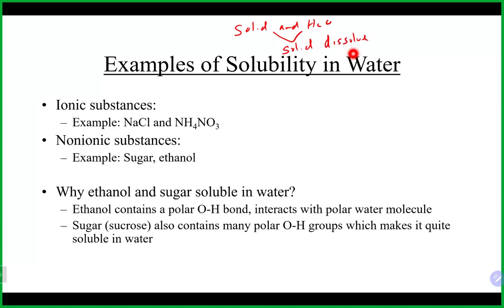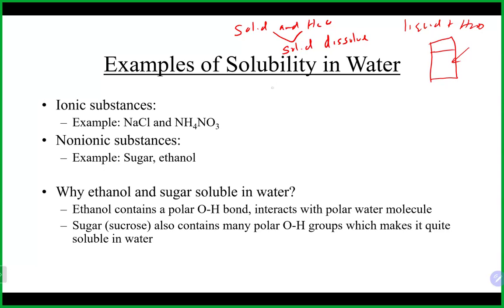Now, if we're talking about a liquid and water, that basically means that they will mix. So what that would look like, say, in a test tube is it would all look like one layer, right? We wouldn't see any type of layering that's happening.